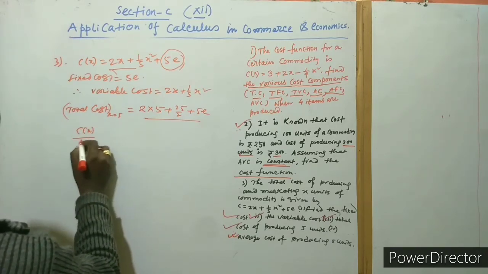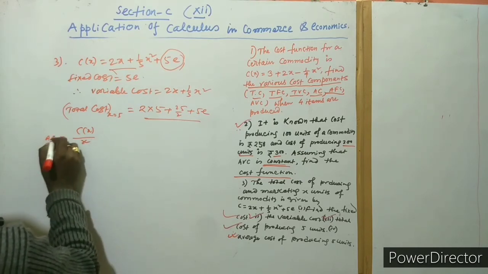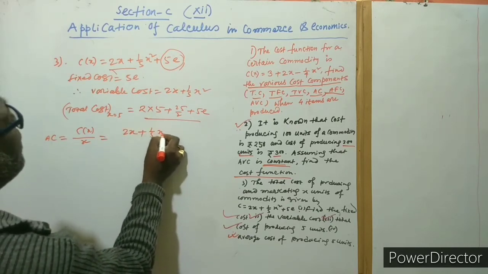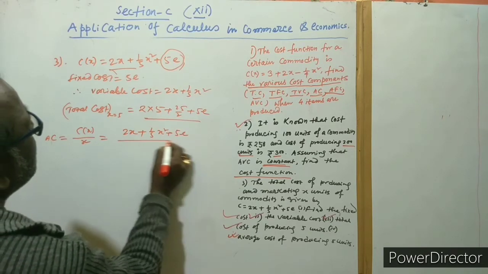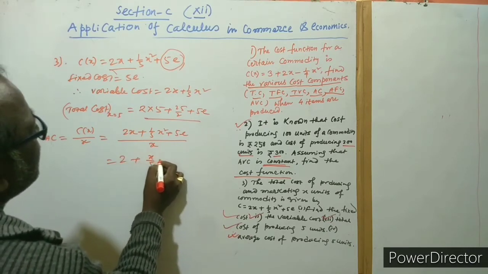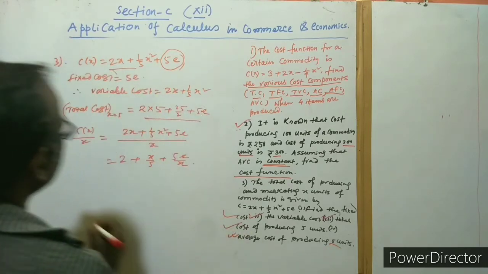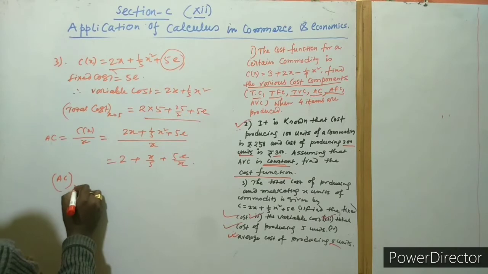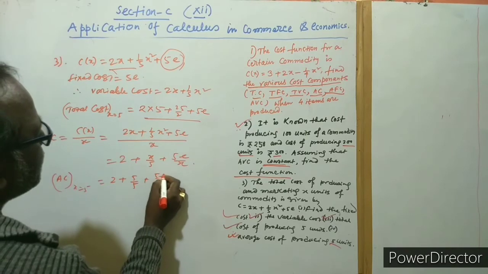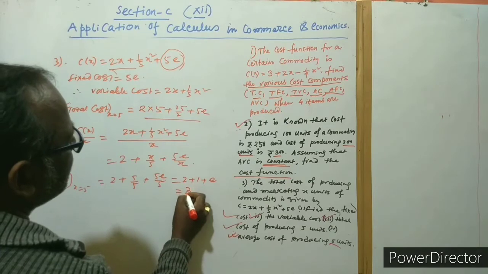So AC is C of x by x, that is equal to 2x plus x square by 5 plus 5e, all by x, that is 2 plus x by 5 plus 5e by x. When 5 units, AC is 2 plus 5 by 5 plus e, that is 2 plus 1 plus e, which is 3 plus e.